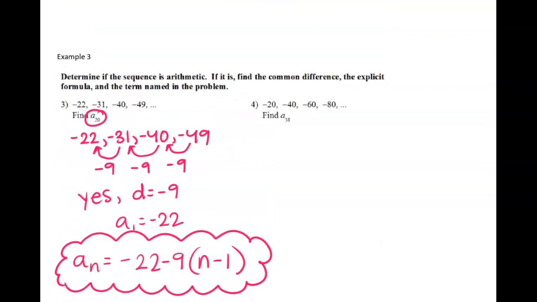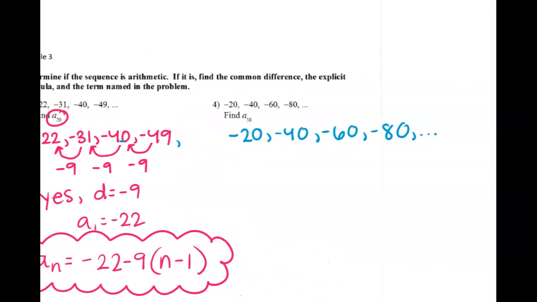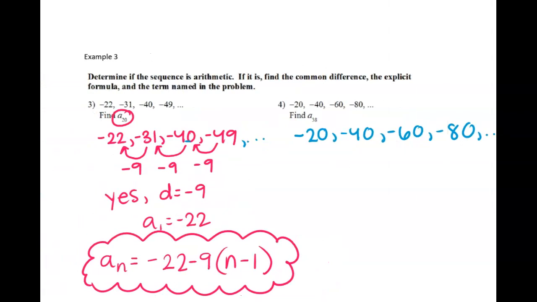Let's look at the next one. So negative 20, negative 40, negative 60, negative 80. These are both technically going on, for our purposes, forever. So to find our common difference, negative 40 minus negative 20 is negative 20, negative 60 minus negative 40 is negative 20, and negative 20.